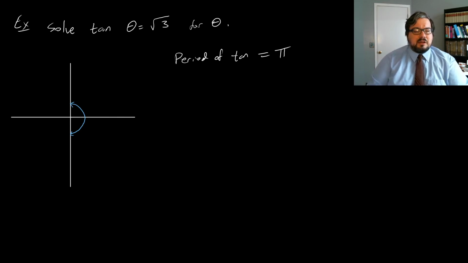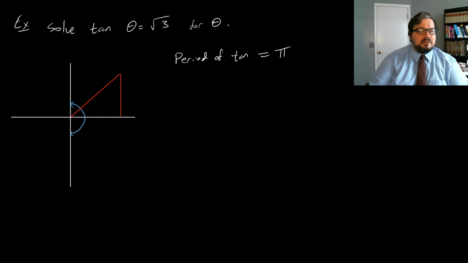But given that we're looking at quadrants 1 and 4, we know that tangent is positive in quadrant 1. So that means that we could be looking for a theta like this.